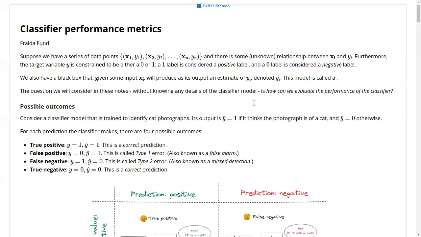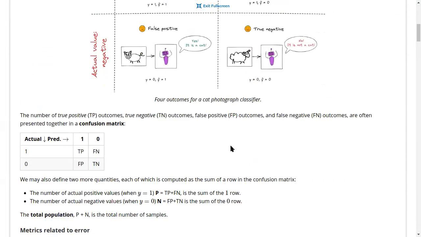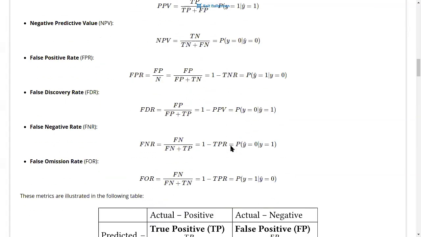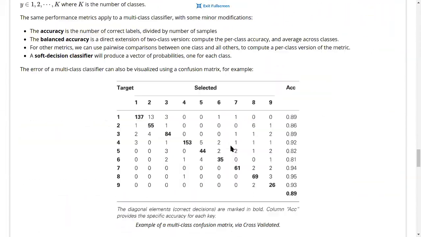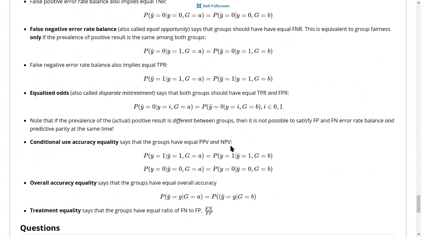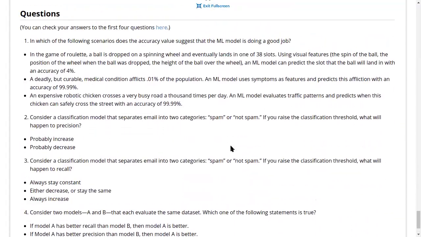So even when we use a cross entropy loss to train the classifier, we'll still typically use other metrics to evaluate its performance. I'm going to ask you, if you have a couple of moments before our lesson on Thursday, to read through this set of notes, which describes various ways of evaluating classifier performance, and then answer some questions at the end.